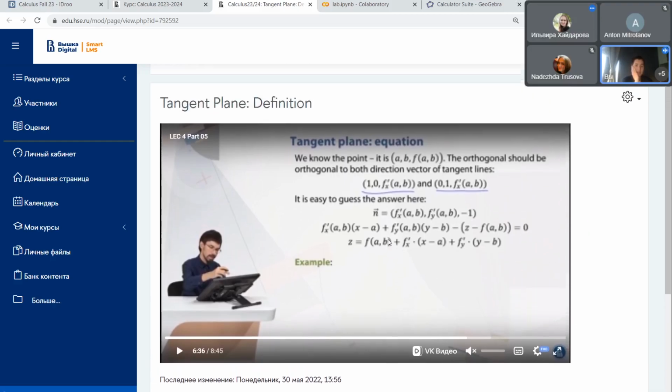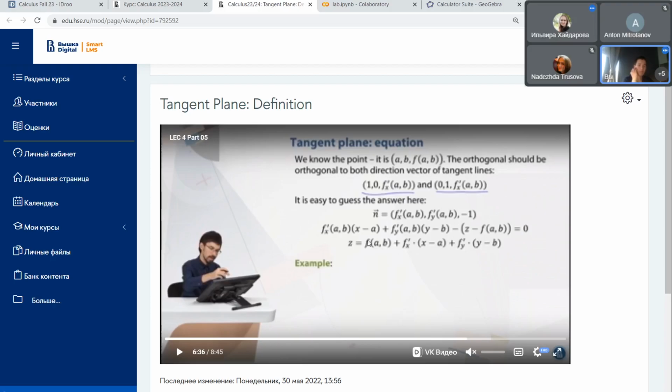Here you can see the formula for the tangent plane. You have some specific point (a, b), f(a, b), and you compute the partial derivatives for your function f.